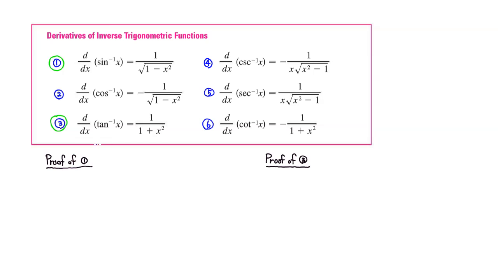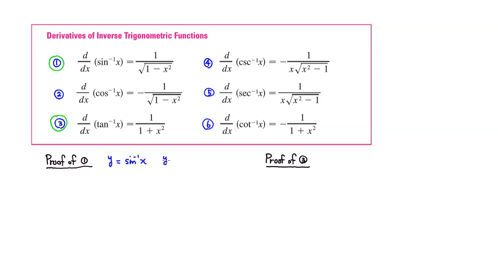All right, let's do the proof of number 1. I'm going to call this y. So y is equal to arcsin of x. Then what we want to do is find y prime.